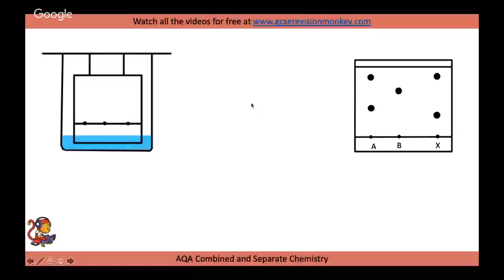Paper chromatography is used to separate coloured substances. So this is when you have a piece of chromatography paper, you draw a pencil line near the bottom. You draw it in pencil because pencil is insoluble, so that won't dissolve in the solvent and move up the paper. If you did this in ink, the ink would dissolve in the solvent and it would smudge up the paper and ruin your sample.